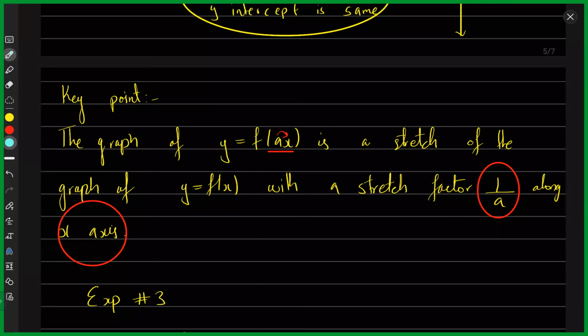But things would be other way around when you would be multiplying this number with x. Here what's happening, the graph of y equals f of ax is a stretch of the graph of y equals f of x with a stretch factor of 1 by a. So when the shape of the graph would be shrinking, this basically means that the stretch factor would be 1 by a, but on the original function, how are we going to represent that? By multiplying this a with this x, okay?